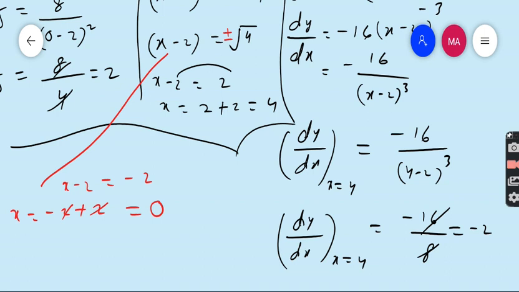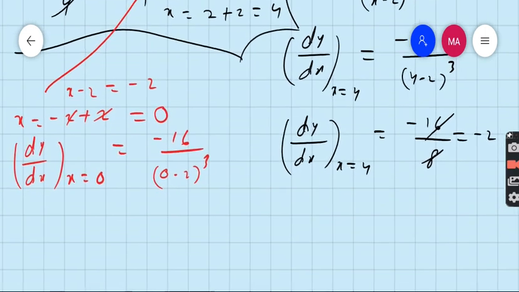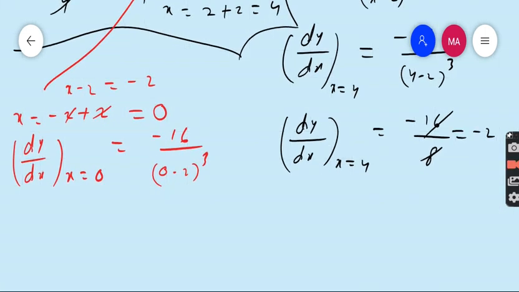Now find the gradient for this value as well. dy by dx at x equal to 0 is minus 16 upon (0 minus 2) to the power 3. 0 minus 2 is minus 2, minus 2 cubed is minus 8, so the answer is 2.